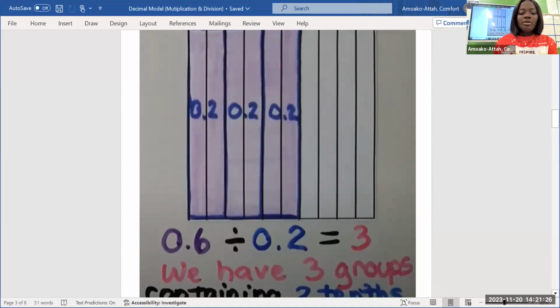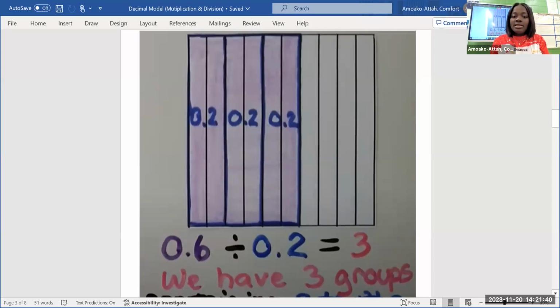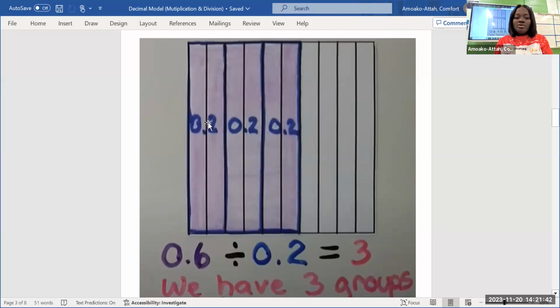The first problem is 6 tens divided by 2 tens. How do you do that? You divide your model into how many groups of 2 tens you can get from 6 tens. So this is 2 tens, 2 tens, 2 tens, and this is 1, 2, 3, 4, 5, 6.